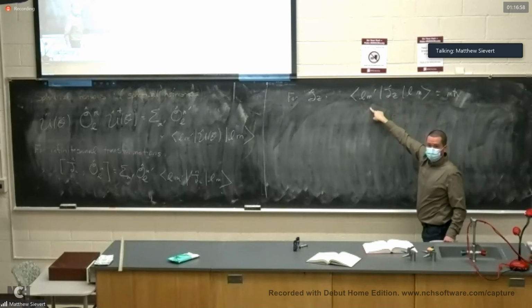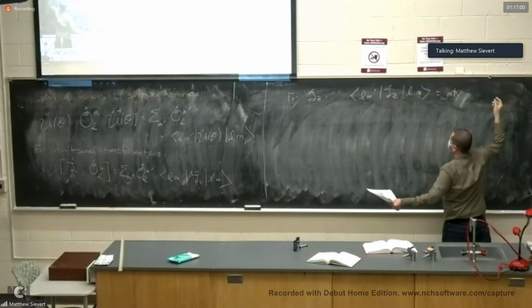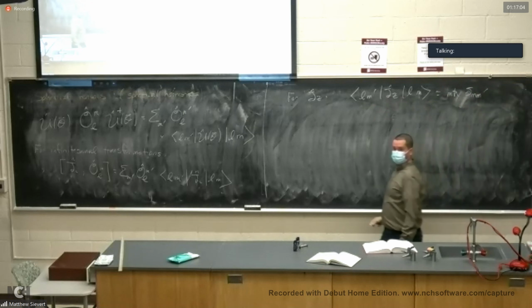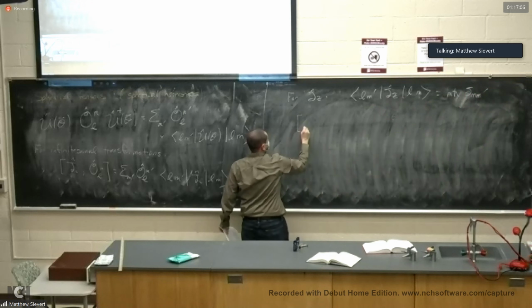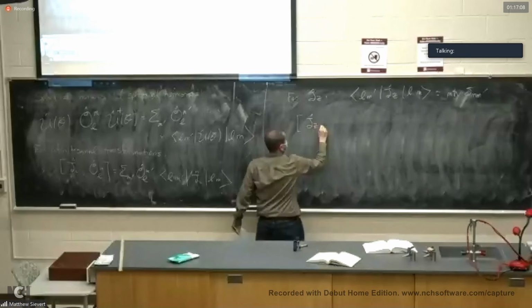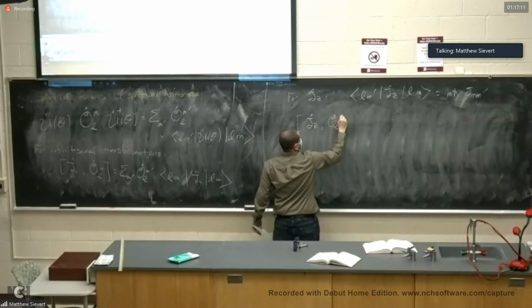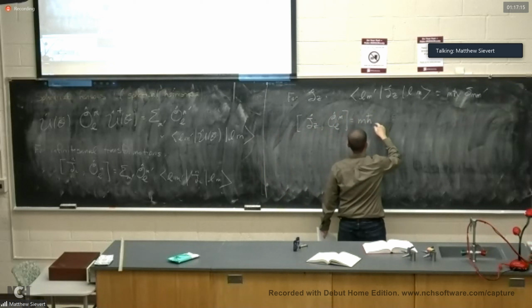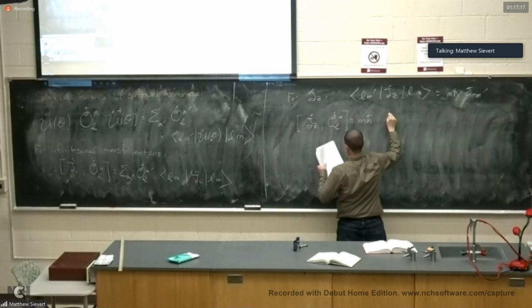And then these states are orthonormalized, so this is M h bar delta M M prime. So under commutation with Jz, an operator which has well-defined Z component of angular momentum should look like it has an eigenvalue, M h bar, times OLM.